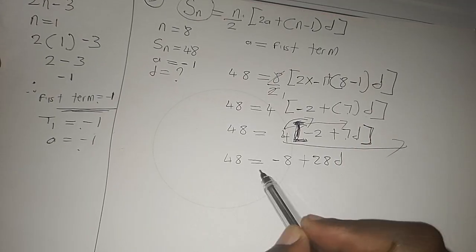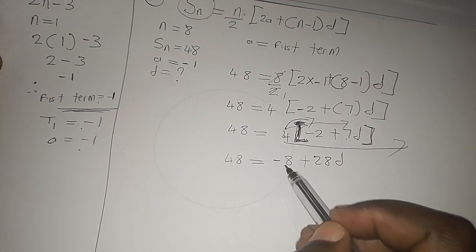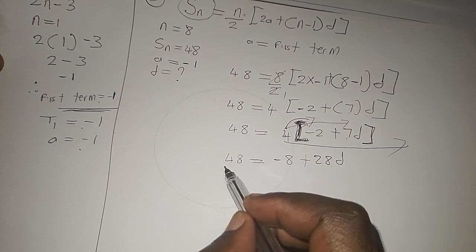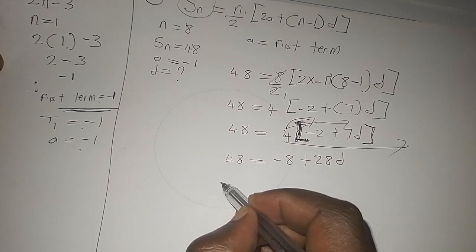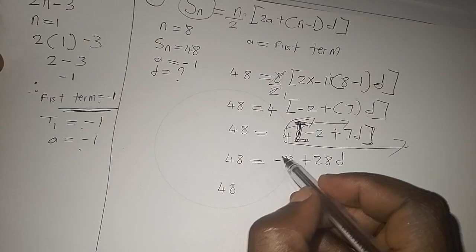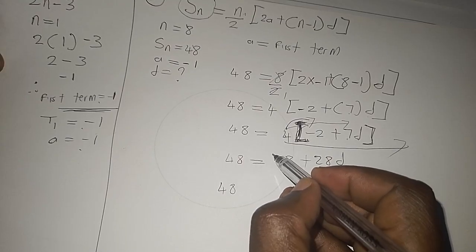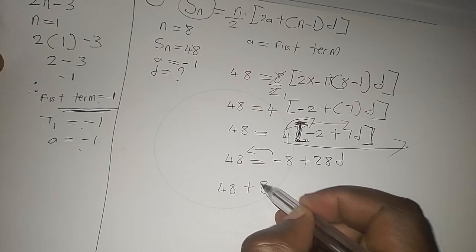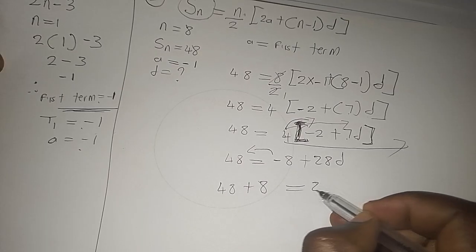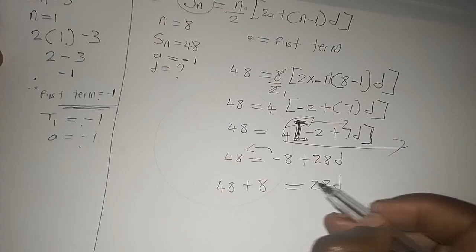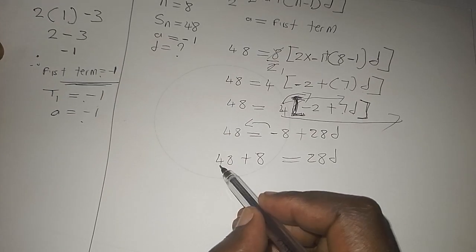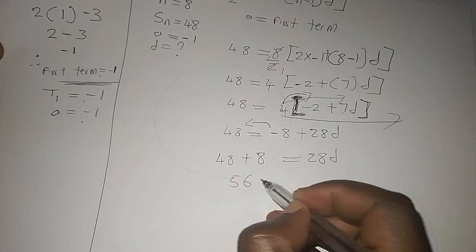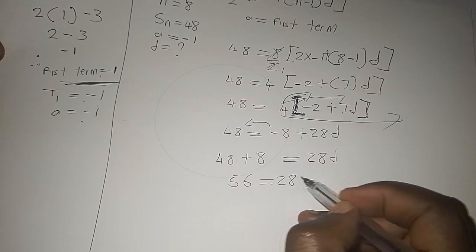So these are like terms and unlike terms. What to do is that I want this -8 to go where 48 is. So 48 stays the way it is, but this -8, when it goes to the other side, becomes positive 8. Equals 28d will remain. Then I add 48 plus 8, which is 56, equals 28d.